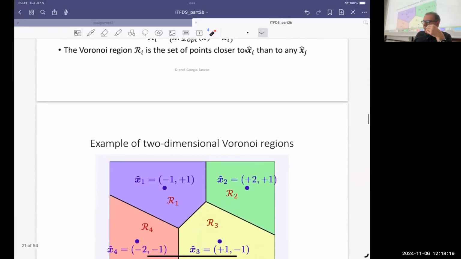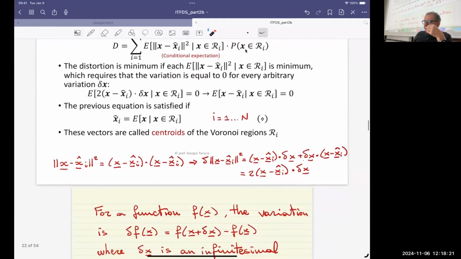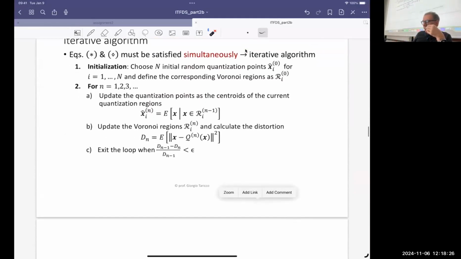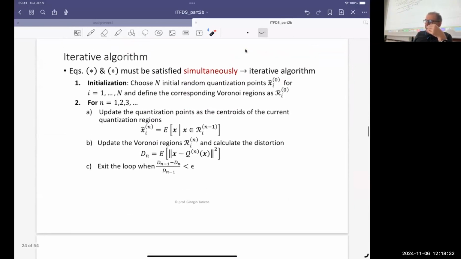We can use the equations obtained in the partitioning step and in the centroid step to obtain the iterative LBG algorithm, because the two equations star and diamond must be satisfied simultaneously, and this can be done approximately by using an iterative algorithm.